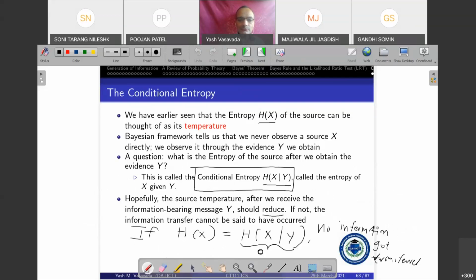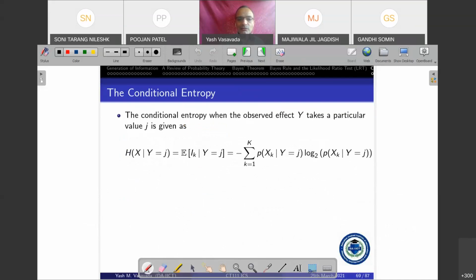So let us now move forward. This is the way to define conditional entropy. It is exactly the same definition as before, except all the probabilities are replaced by the conditional probabilities. So suppose Y is equal to 0, then this will be q double prime, and this will also be q double prime.